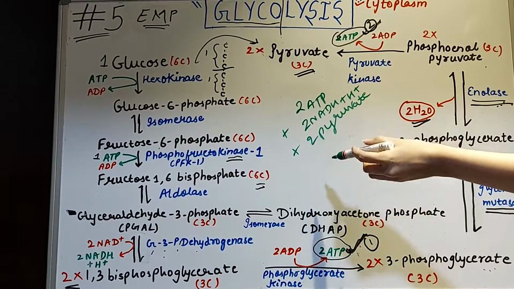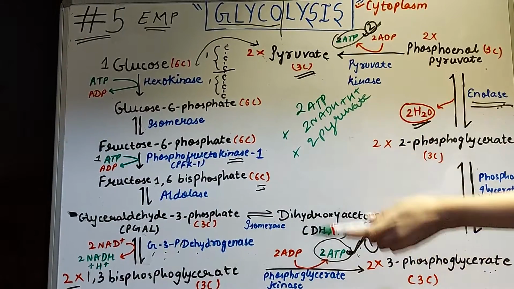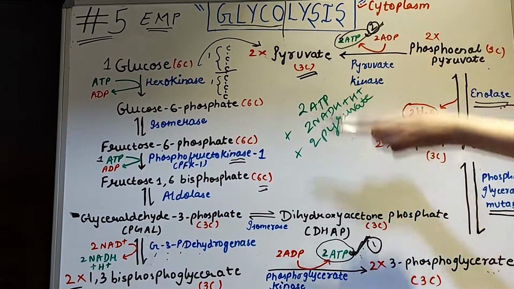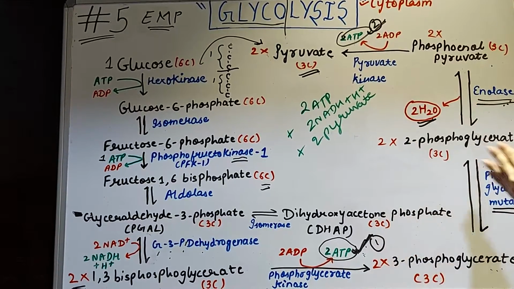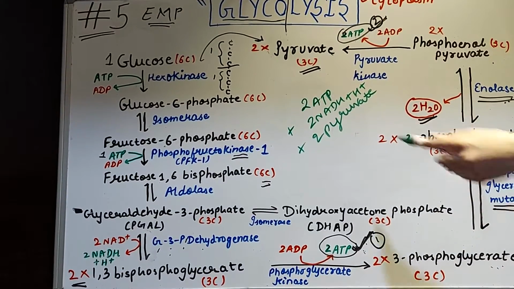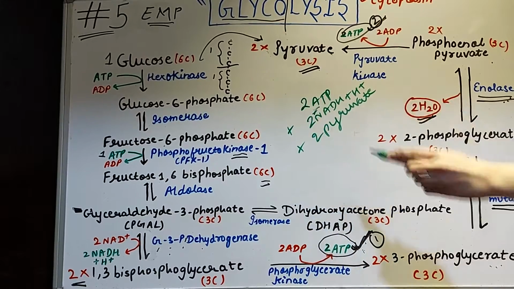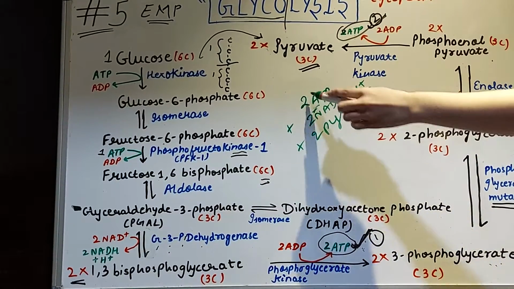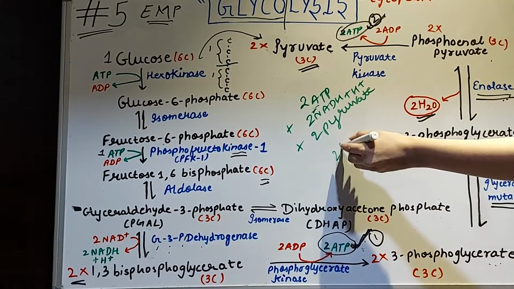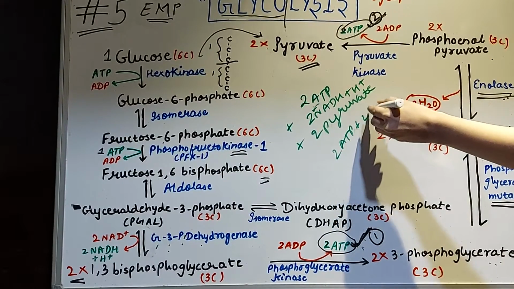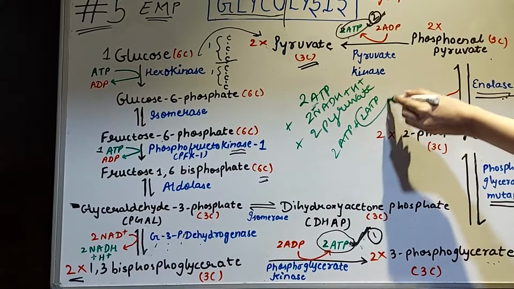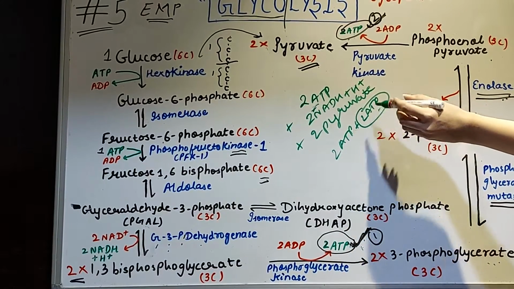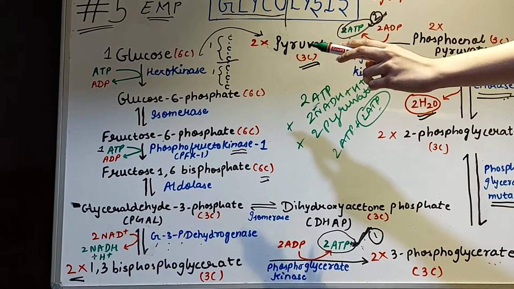Now you will have a doubt: we have generated 2 plus 2, 4 ATP molecules in the second half of the pathway, so why will we get only 2 molecules? Remember that here 2 ATP, here 2 ATP.